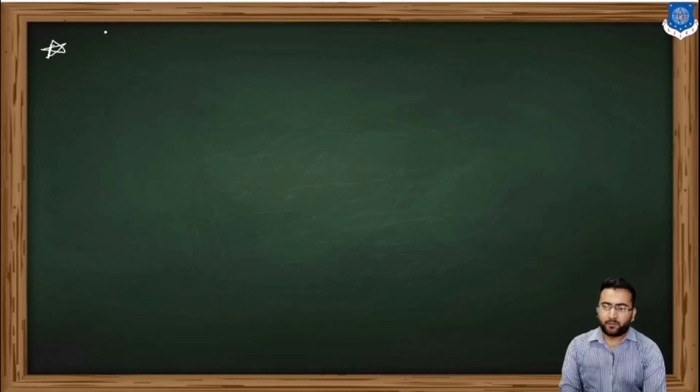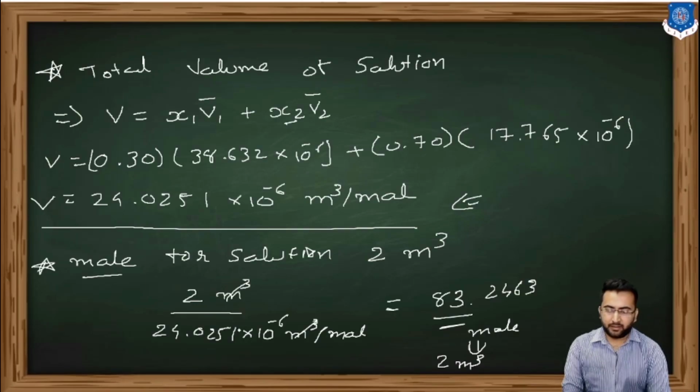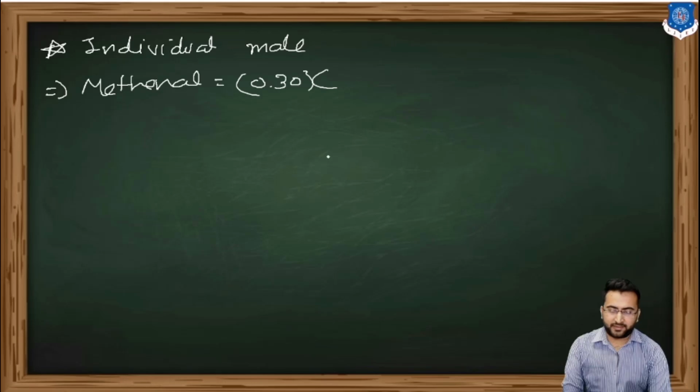Now we have to find the individual mole. To find the individual mole, we just multiply with the mole fraction. So let's first find it for methanol, which is 30%. So 0.30 multiplied by the total mole, which is 83.2467.